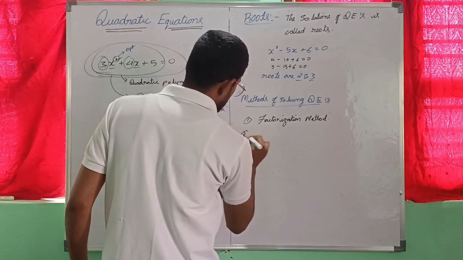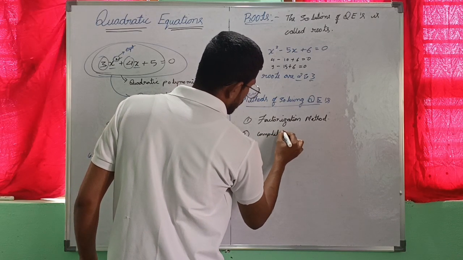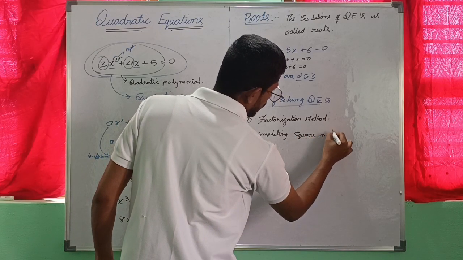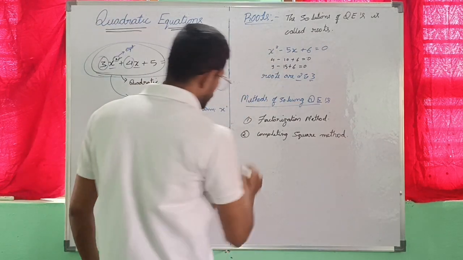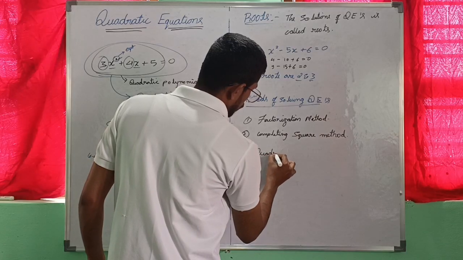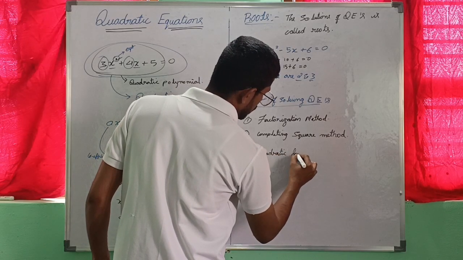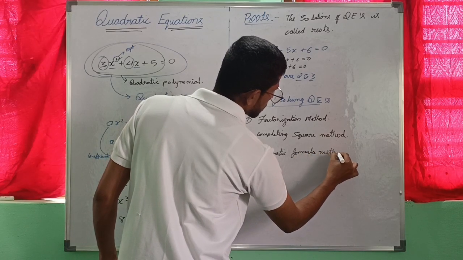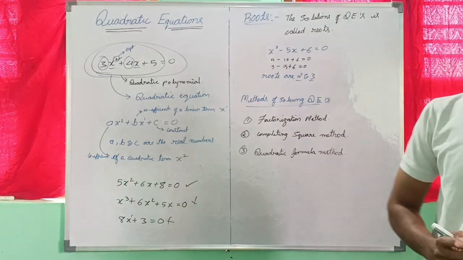The second one is the completing square method. The third one is the quadratic formula method. You understand?